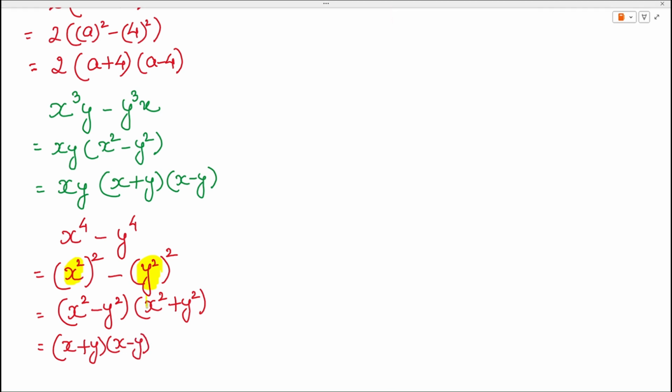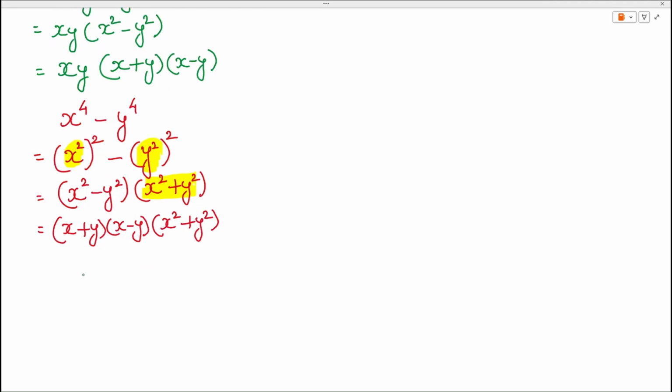But the second term cannot be factored using difference of squares, because although the two perfect squares are there, they do not have a negative sign in between. So this factor just needs to be written as x square plus y square. And now this is the completely factored expression for the given question.